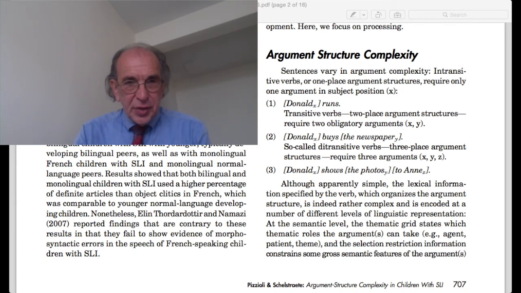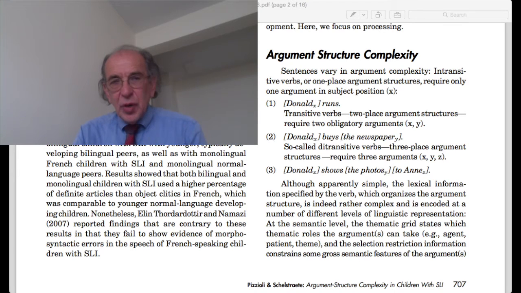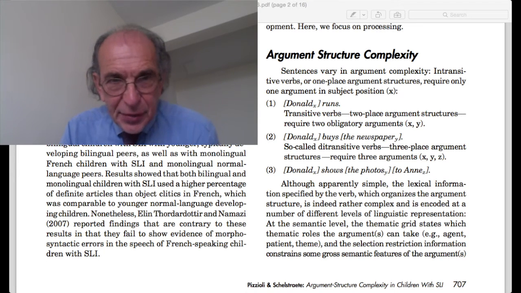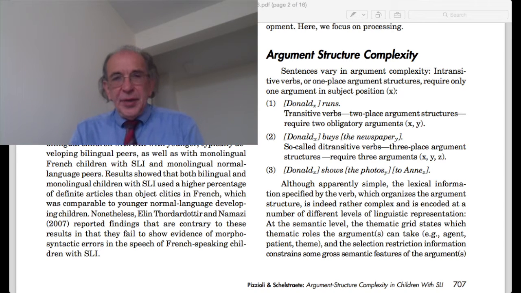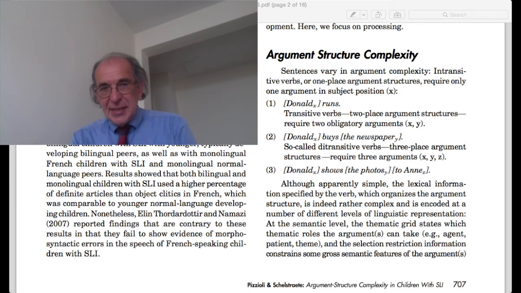Now, transitive verbs take minimally two arguments. Some of them actually take three. What does that mean? It means they require a subject and a complement to make a sentence, by the way. This whole business has to do with making sentences. It's syntax, so it's always about how to make a sentence.